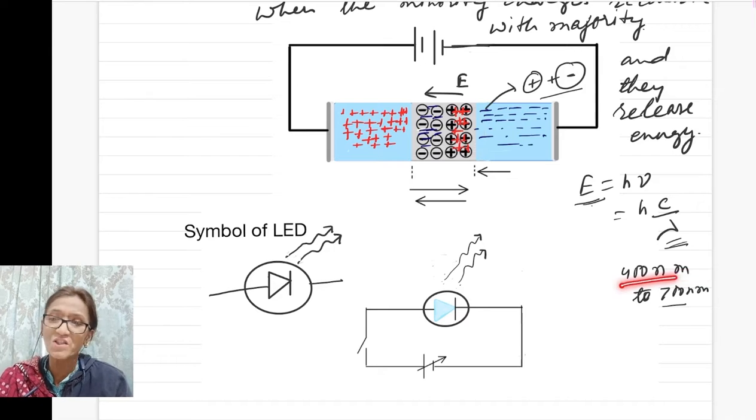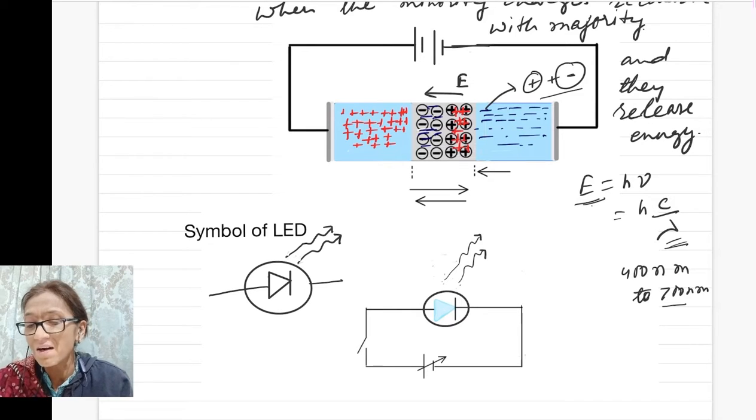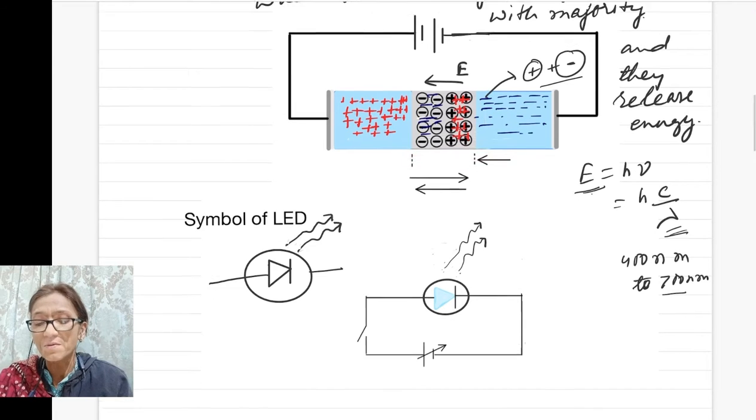The wavelength of visible range varies from 400 nanometer to 700 nanometer. If the energy is not falling in this range, which generally happens in any PN junction diode, then that energy falls in either the infrared range, or the microwave or radio wave range, and you cannot even notice that energy. There may be some chance of detecting it if the energy is in the infrared region. Otherwise, it is not visible.